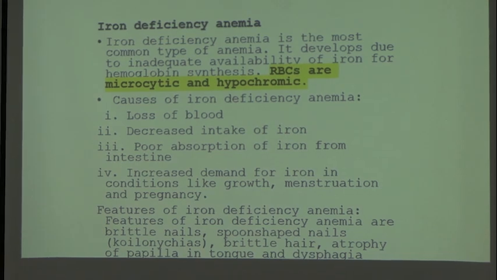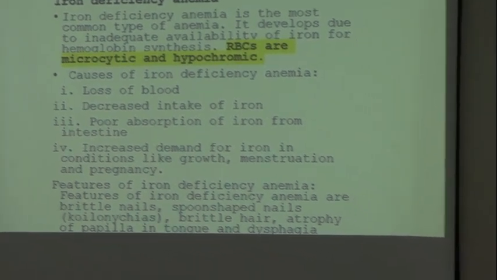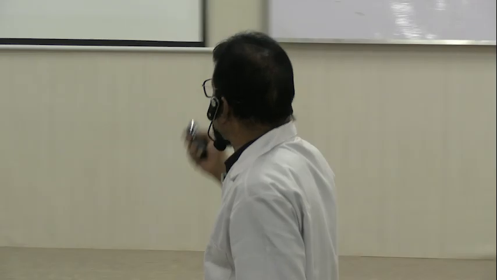Daily we want about 40, but the requirement for females is more because of their monthly loss of blood. Okay. So during pregnancy, demand is more. These conditions increase iron demand. So if it is not properly fulfilled, then anemia will develop.